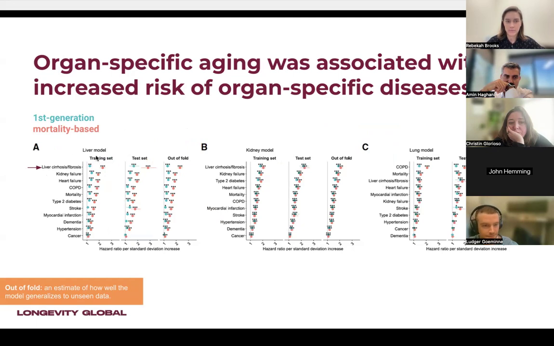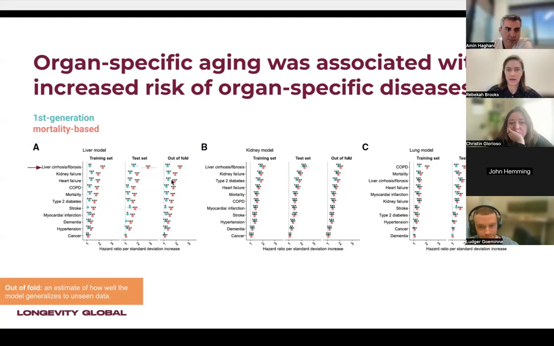For the liver model trained on these liver-specific proteins, the top disease is liver cirrhosis and fibrosis, and for the lung model it's COPD. I think it's maybe also unsurprising that for the kidney model, liver cirrhosis is up there as well, along with kidney failure. And then this is the training set, and then the test set, and then this out of fold set.